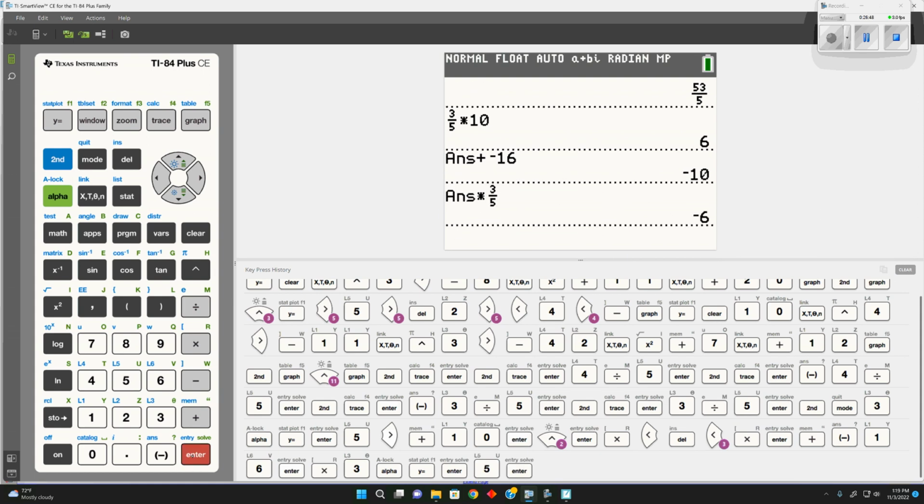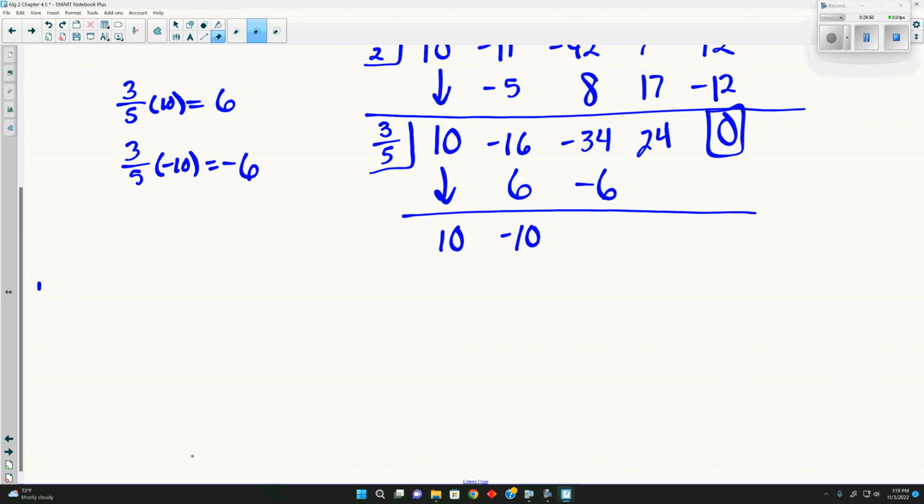And I mean, you can do this in the yellow calculator a lot faster than you can in the graphing calculator. Add straight down is negative 40. 3/5 times negative 40. Negative 24. And 24 plus negative 24 is 0.